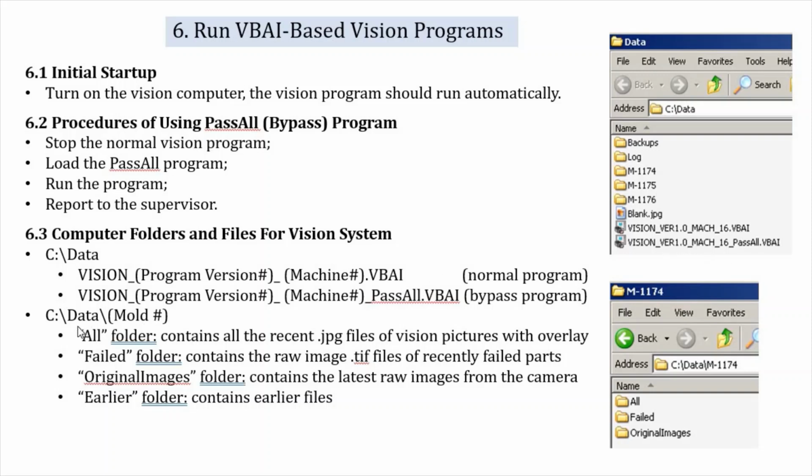For each mode, there is a dedicated folder under the data folder. Inside the folder for each mode, you will find an all folder, a failed file folder, an original image folder, and we also have a folder for earlier files.